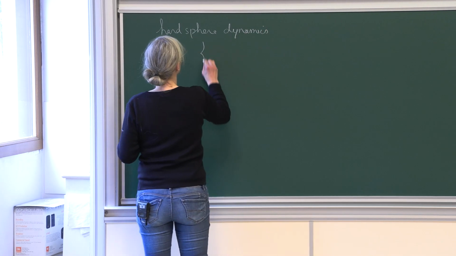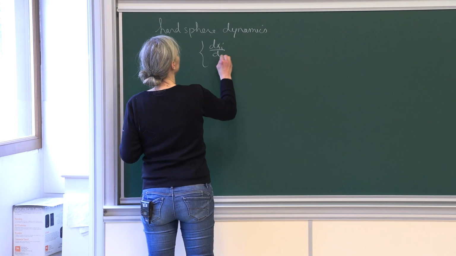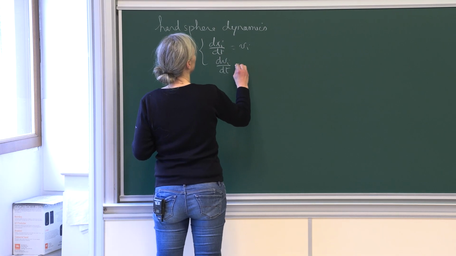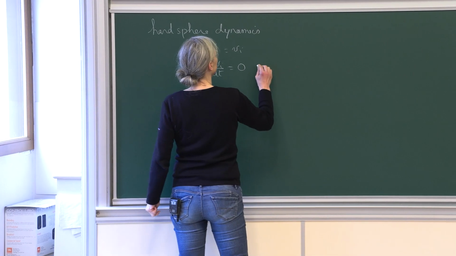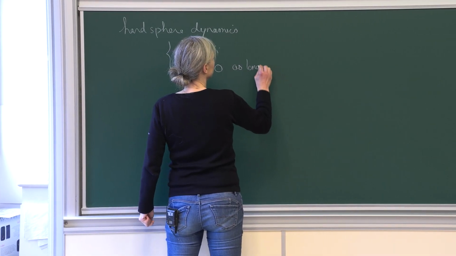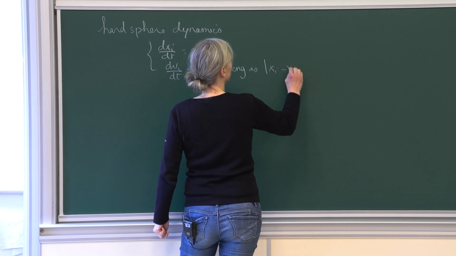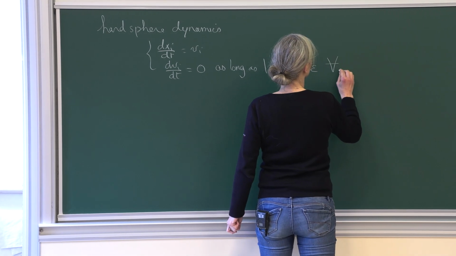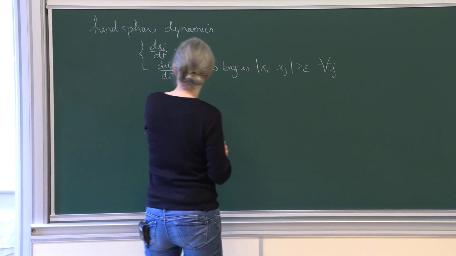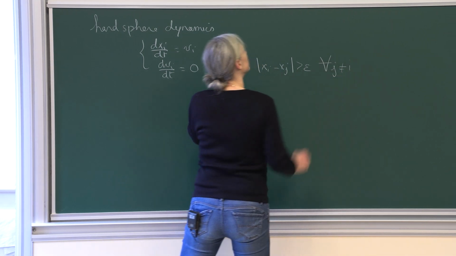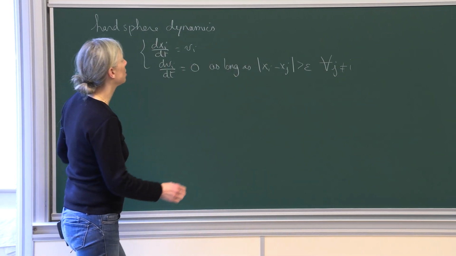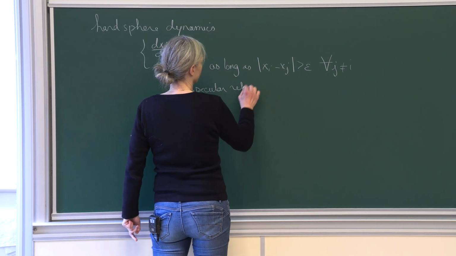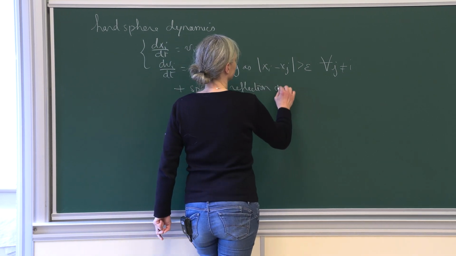You have transport dx_i/dt equal to v_i, and dv_i/dt equals 0, as long as |x_i - x_j| is bigger than epsilon for all j different from i, plus a specular reflection on the boundary.